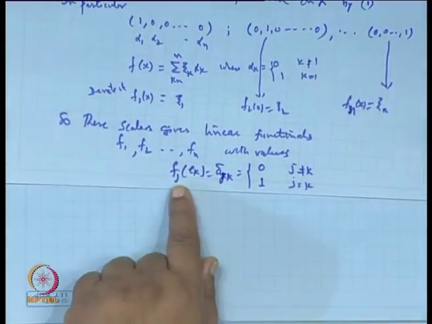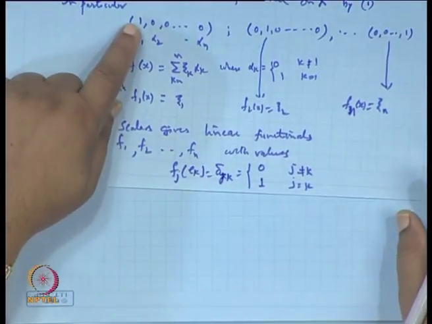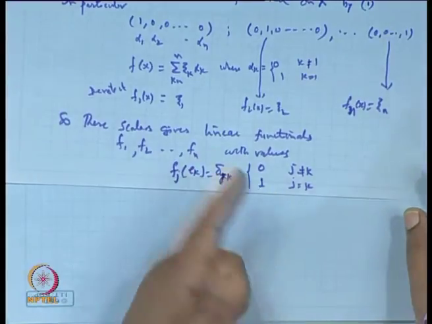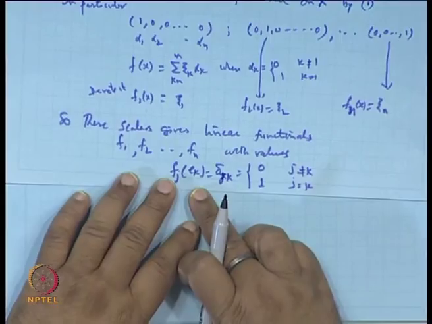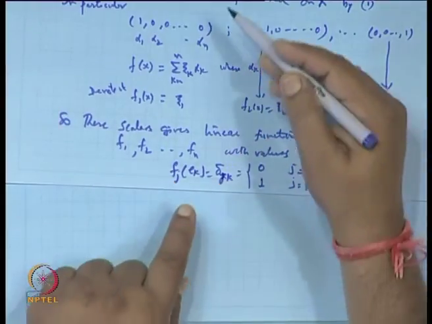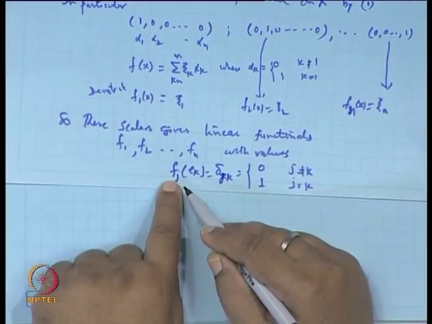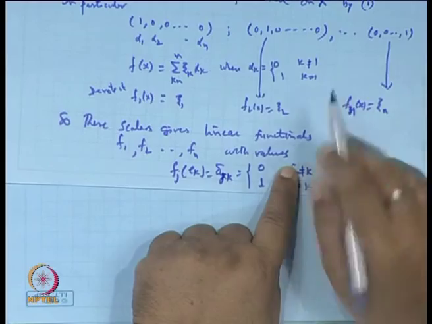When we say f1 of E k, this means alpha 1, so it is equal to 1, otherwise 0. So, this will give the corresponding values. It means, when E1, E2, ..., En are given, we can construct this f1, f2, ..., fn with the help of these scalars. Okay.